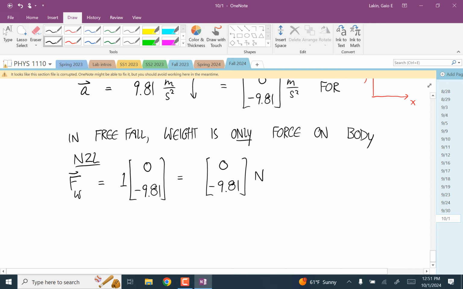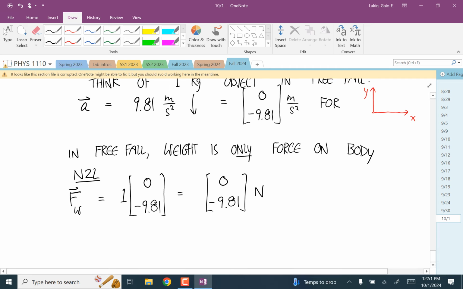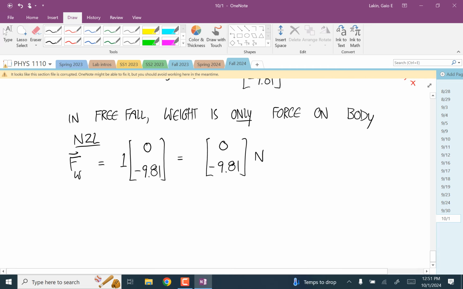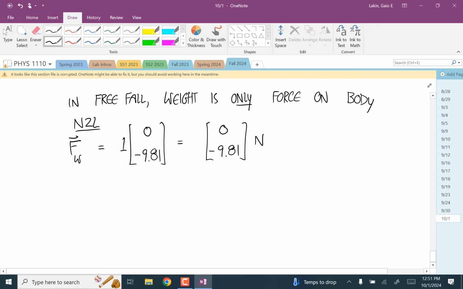What do you think? Do you think that's going to be the force that gravity applies to every object, or it's going to change depending on the mass? It's going to change. Yep, it is going to change. So let's do the same thing with a 100 kilogram object.